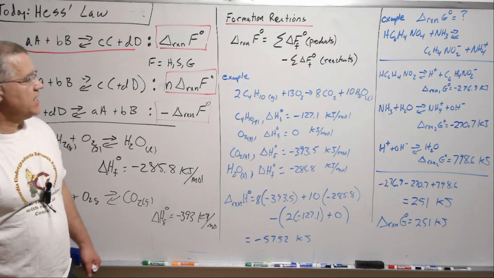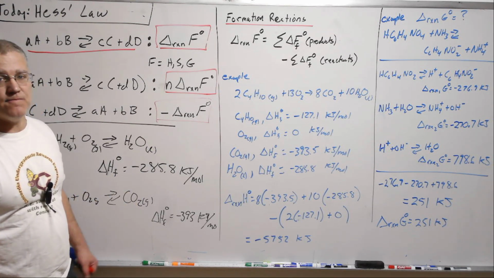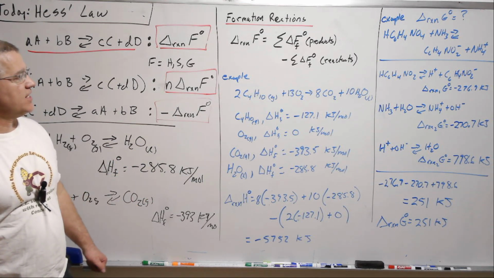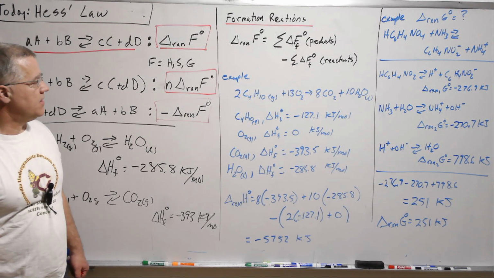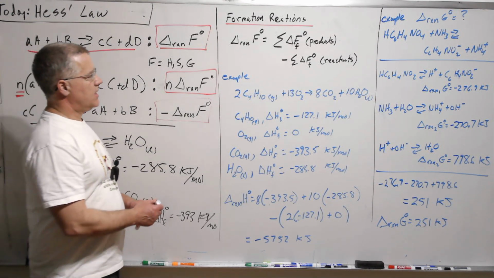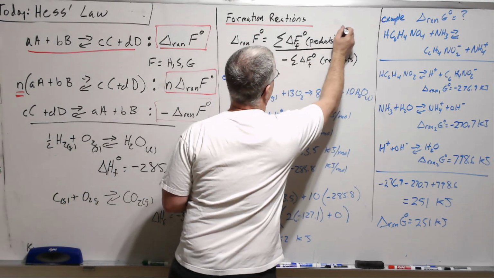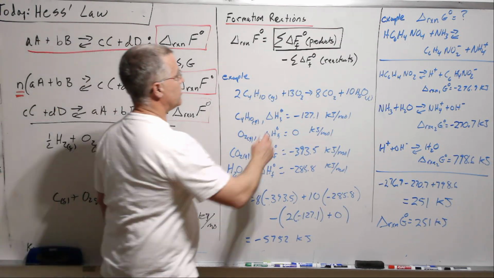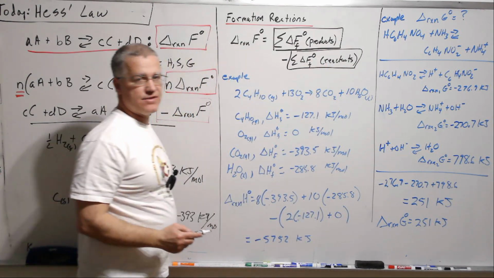Because we know so many of these, we can put together a vast amount of reactions and get the appropriate standard thermodynamic properties for that reaction. So how we do it is we simply add up all the products, add up all the reactants, and then take products minus reactants.